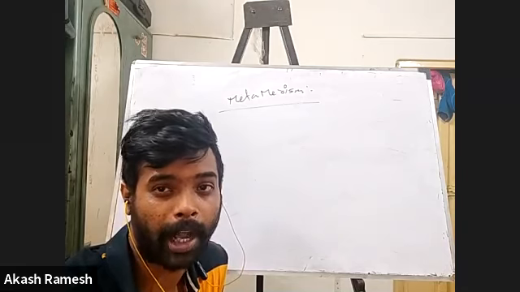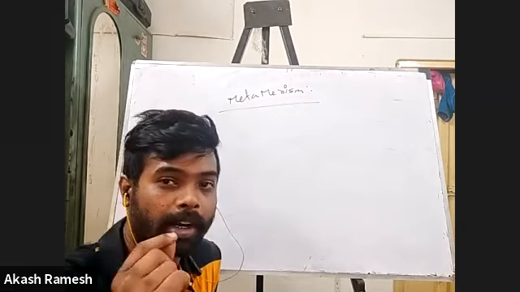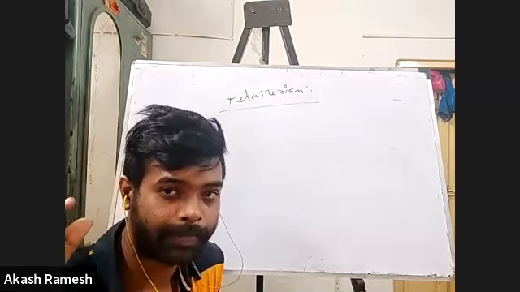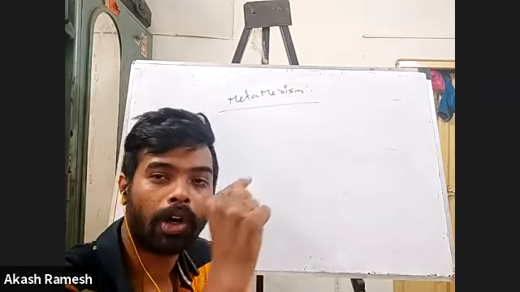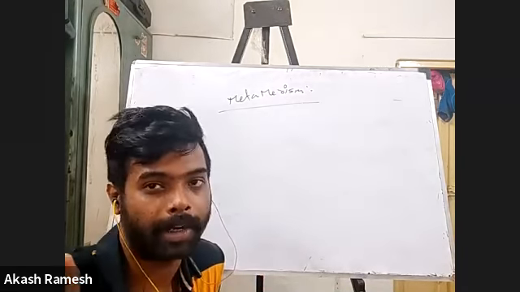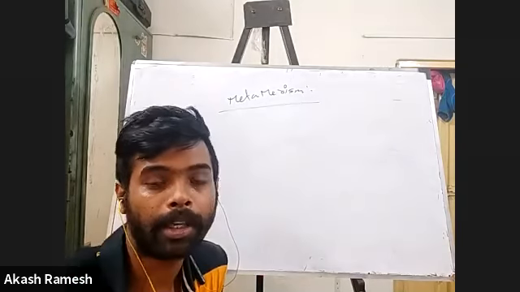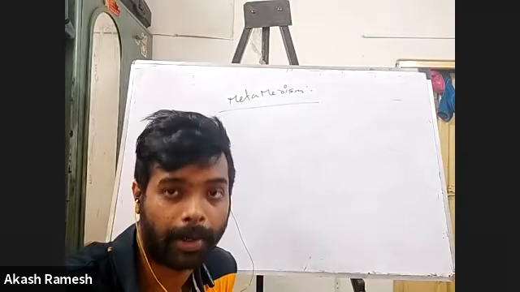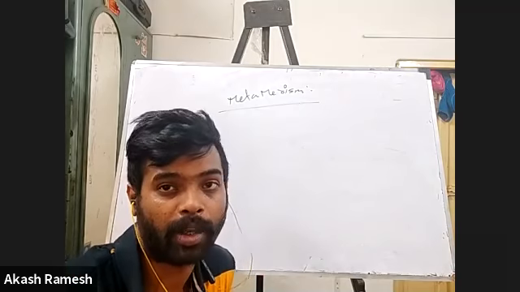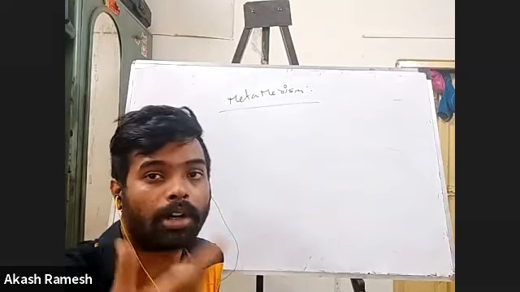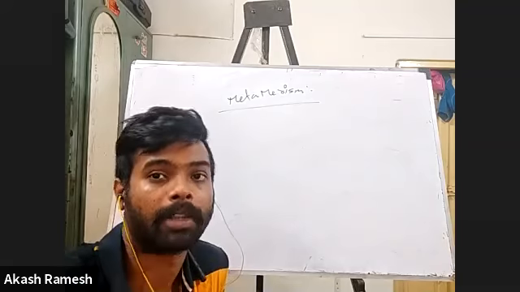For metamerism to happen, I know generally what happens in a straight chain compound, right? In a straight chain compound, all the atoms are going to be carbon atoms, isn't it? But if there are compounds where in the straight chain, say one of the carbon atoms is replaced with some other element.